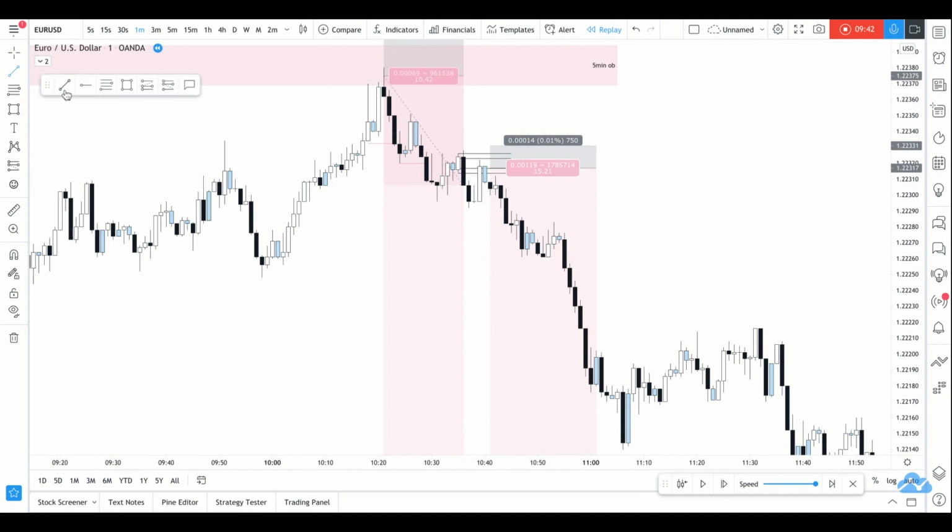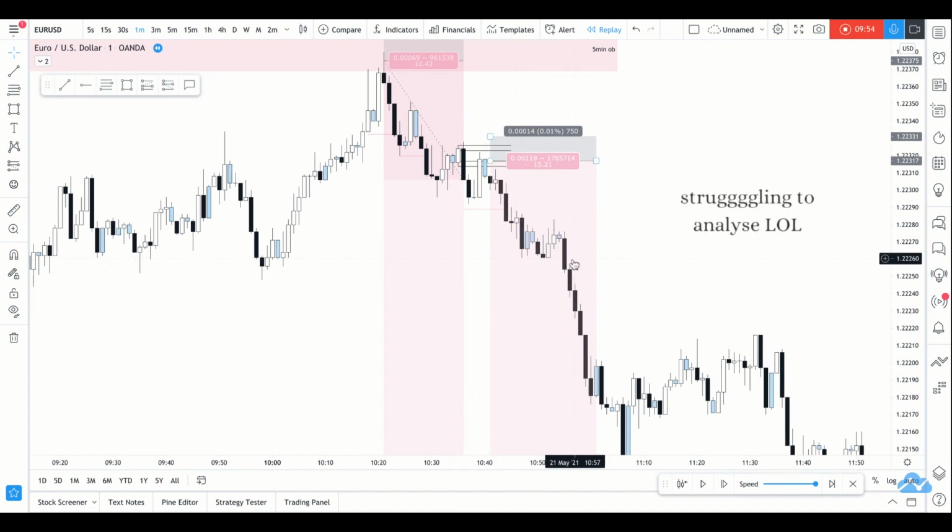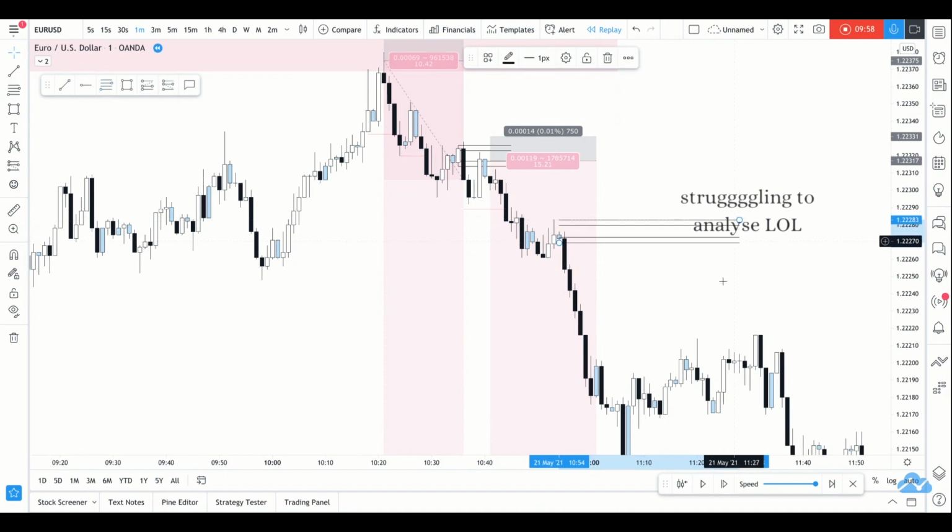But yeah, that's a confirmation entry. Like you have to wait until here because this broke the structure here. And along the way, you could have gotten more entries, but I would say this didn't come back to this.